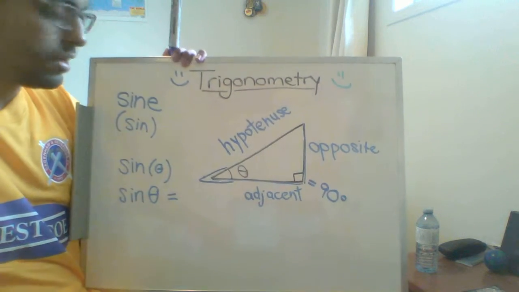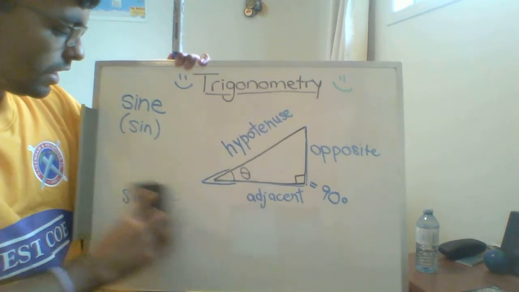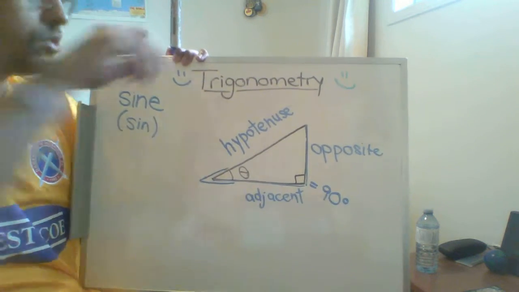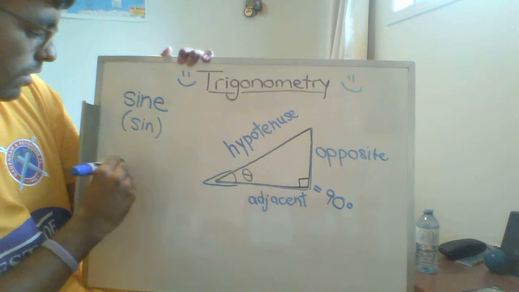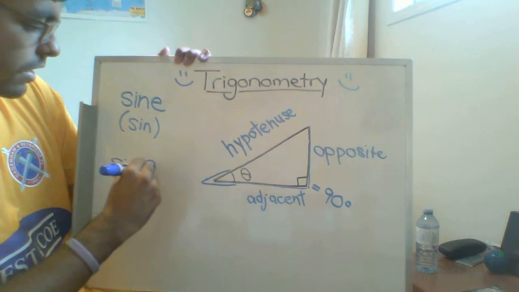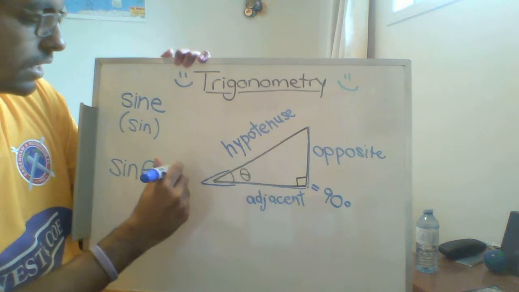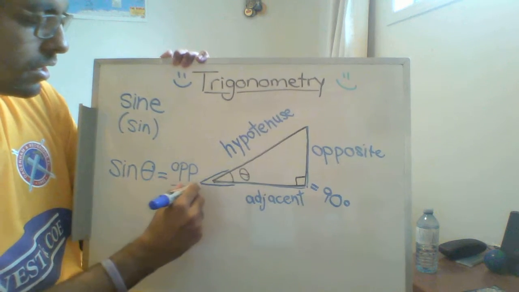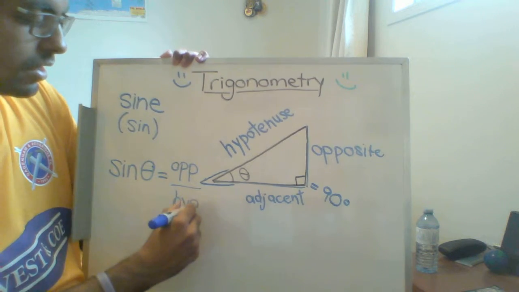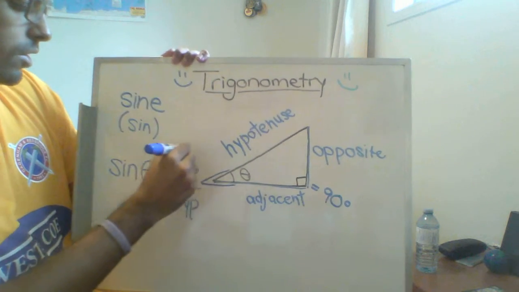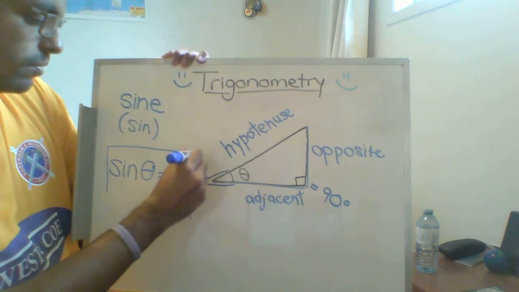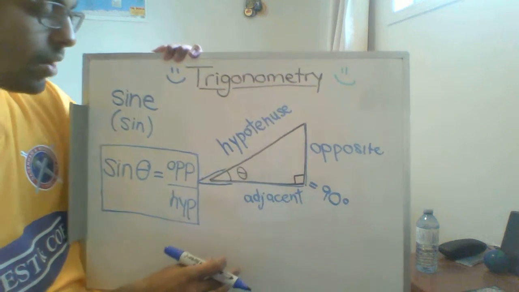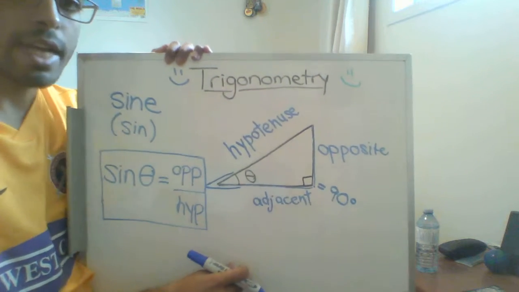Which two sides? Well, sine theta equals the ratio between the opposite side and the hypotenuse. So this ratio of the length of the opposite side and the hypotenuse is sine theta.